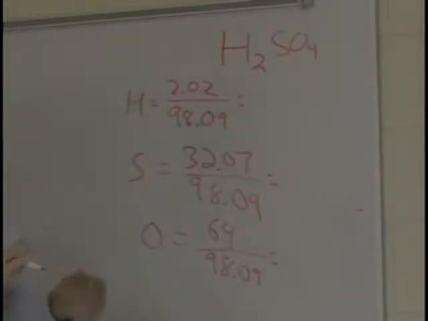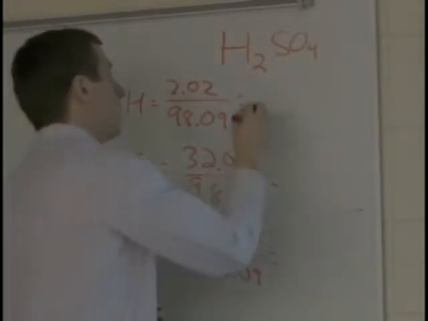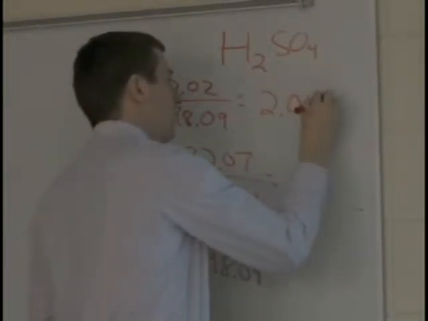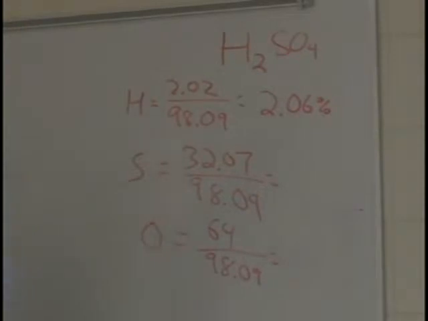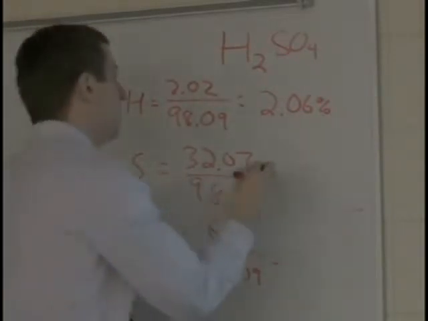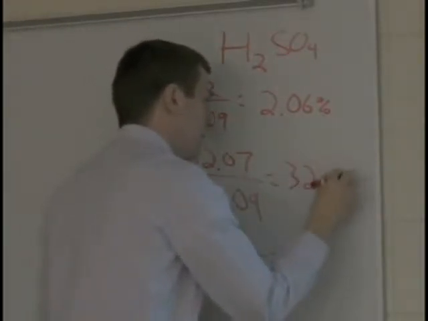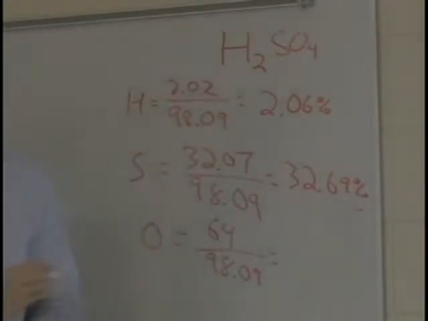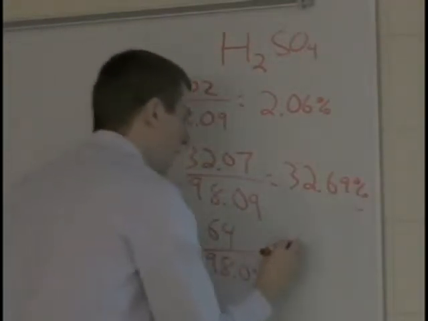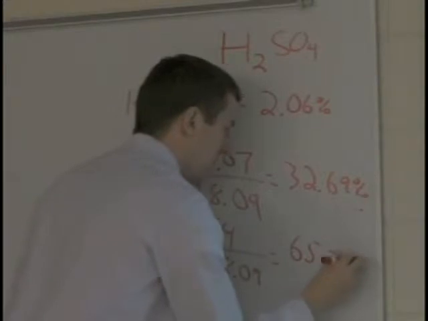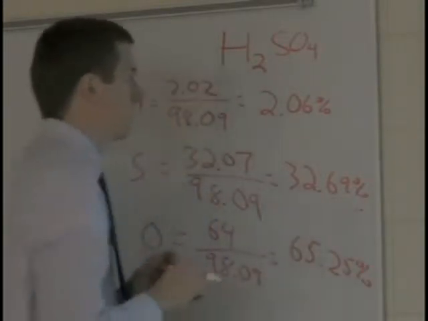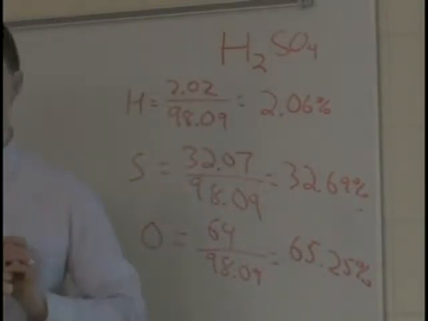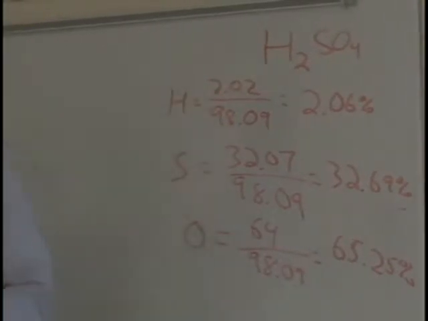Divide them, multiply by 100 to express it as a percent, and I end up with 2.06% for the hydrogen, 32.69% for the sulfur, and 65.25% for the oxygen. And hopefully they get close to adding up to 100%, if not exactly on 100%.